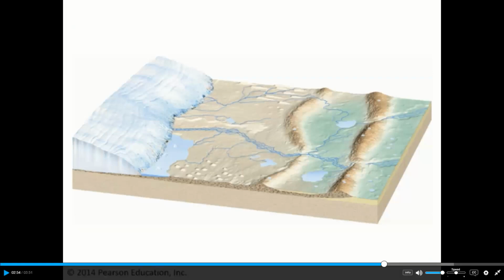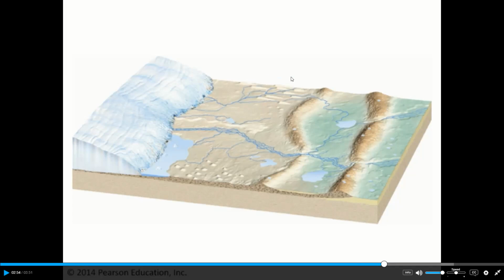So if we look at this figure, we can see all of the different glacial features here. We have our end moraines here, these ridges that we see here. We have a couple of kettle lakes in here. We have a braided river that's going to run right through here, our outwash plain where all of that water is flowing.